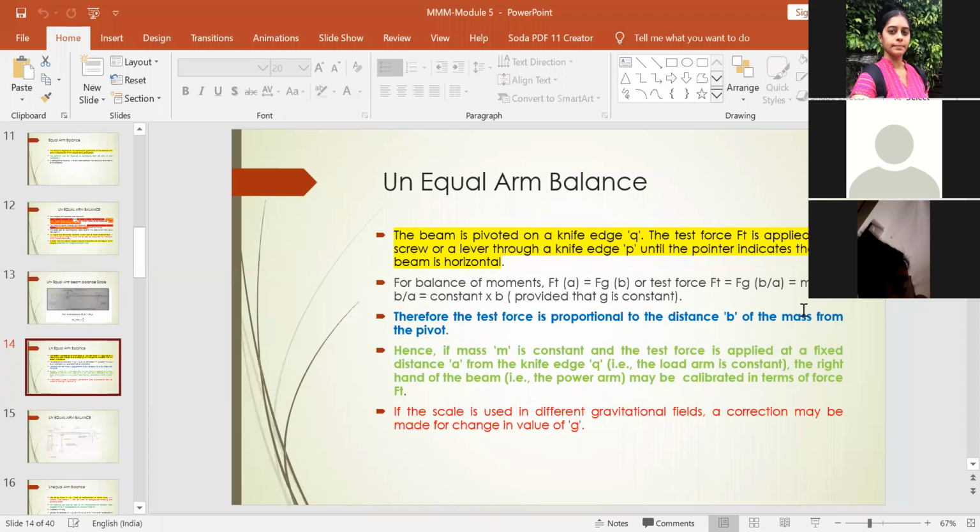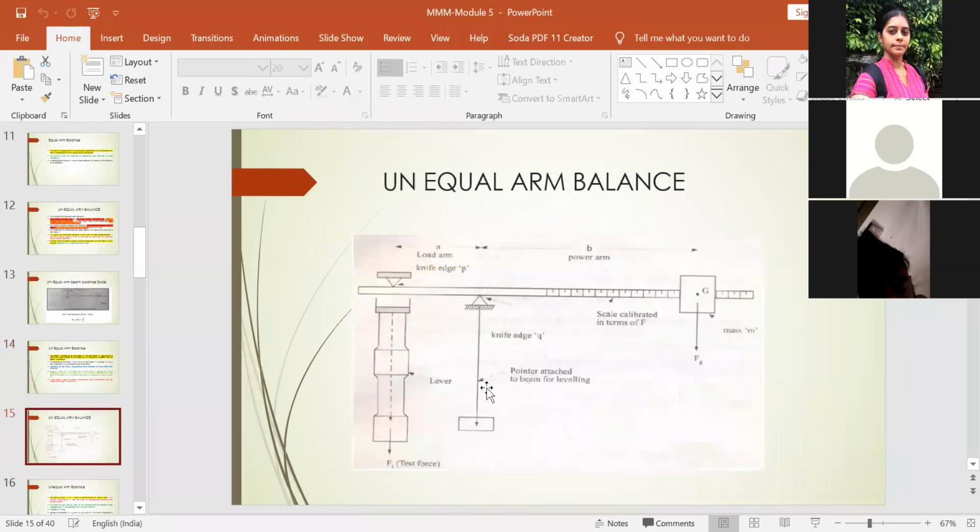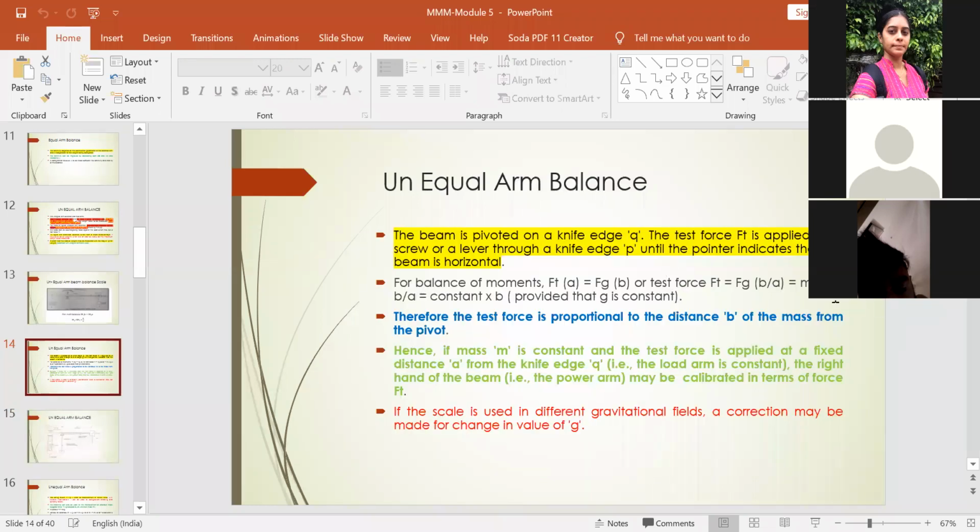The load arm distance A is fixed, right? Only the variable we have is B. So in this the entire values are constant, provided G is also constant. Only the variable value will be B.